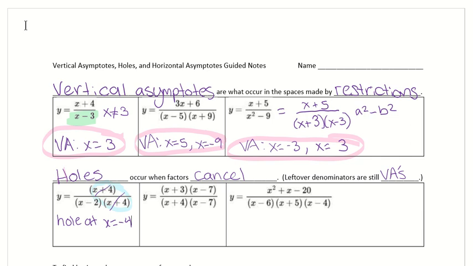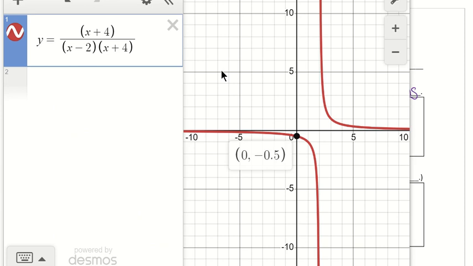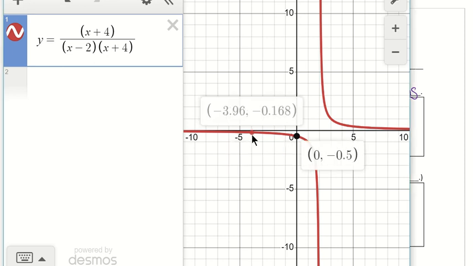So let's look at our graph to see what happens. So here's our graph. We can see that there is an asymptote at 2, and that makes sense because we have x minus 2 over here. But negative 4, it doesn't look like anything's happening there. But if we take a closer look and we drag our mouse and we line up right on negative 4, which is sometimes hard to do, you can see that it's undefined. And if you look right where the mouse pointer is, you can see that that's an open circle.